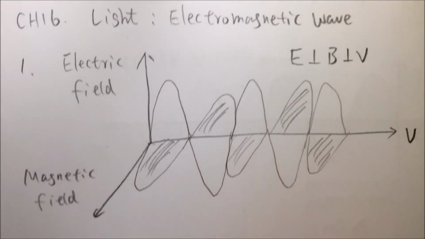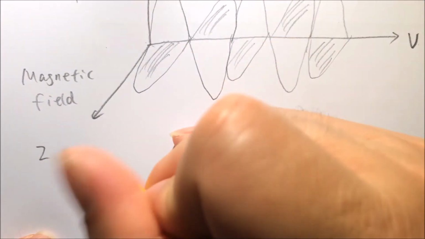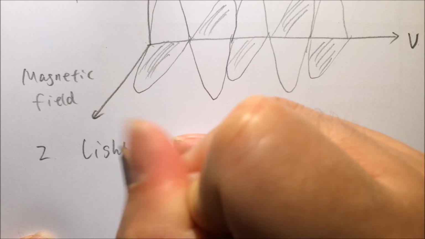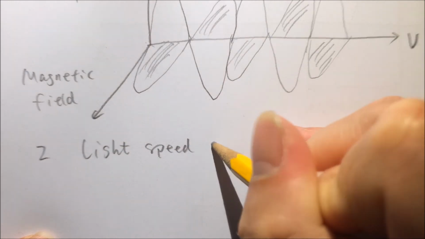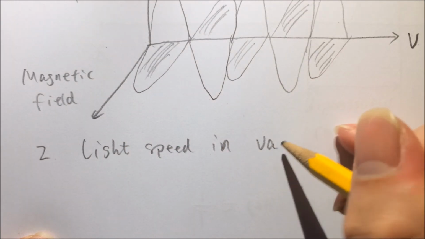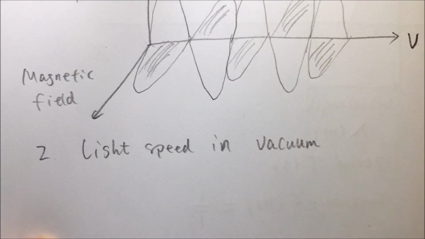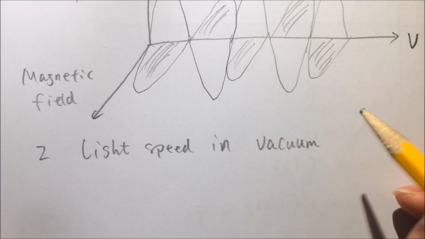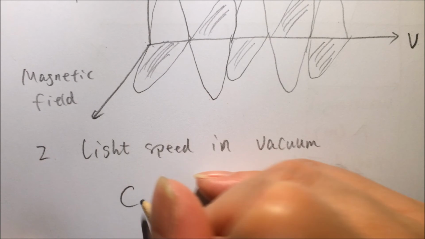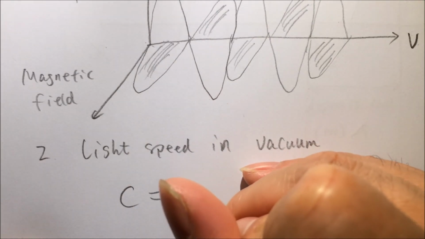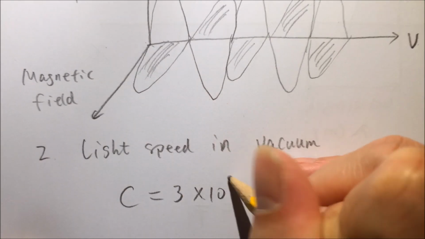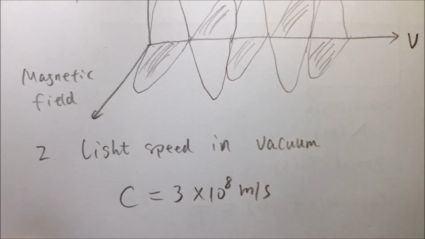The second, the light speed in vacuum. So the light speed in vacuum is actually a constant, c equal to 3 times 10 to the 8 meters per second.